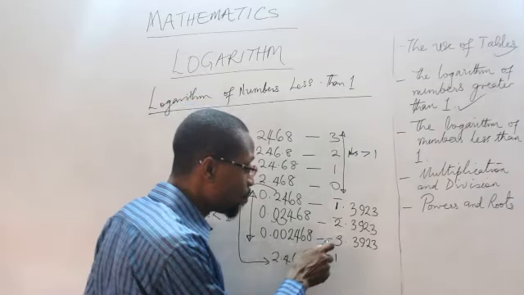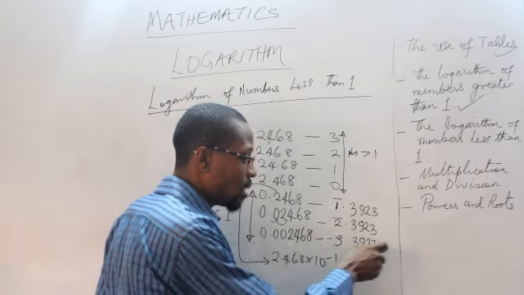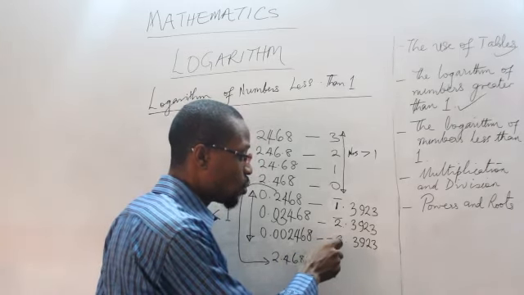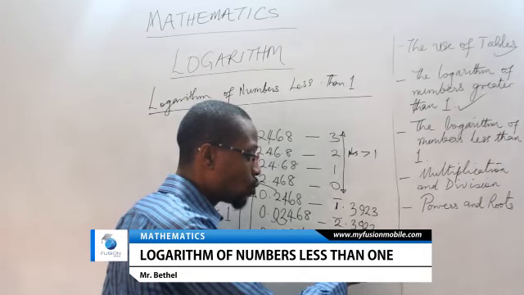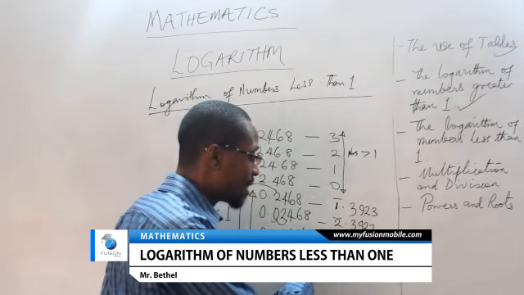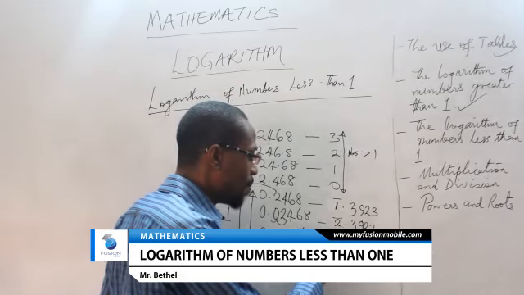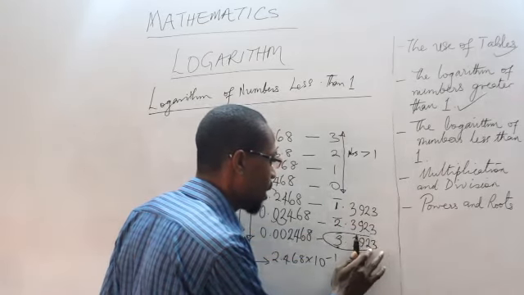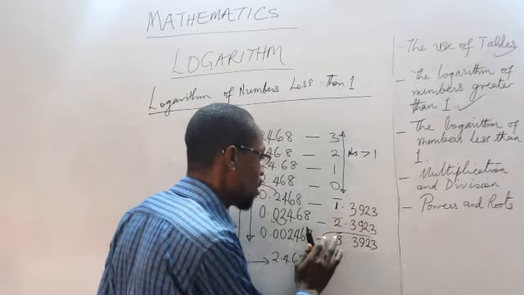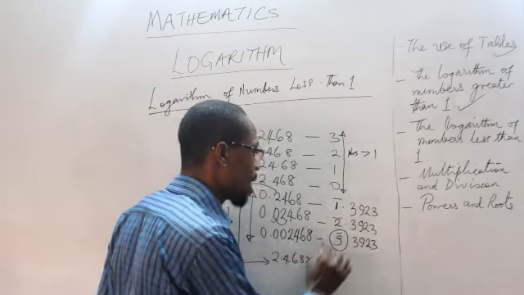Because the moment you put this minus in front of this very number here, the minus will not only affect 3, it will affect 0.3923. So it affects the entire figure. But when you say bar 3, it affects not the entire number, but only the characteristic.